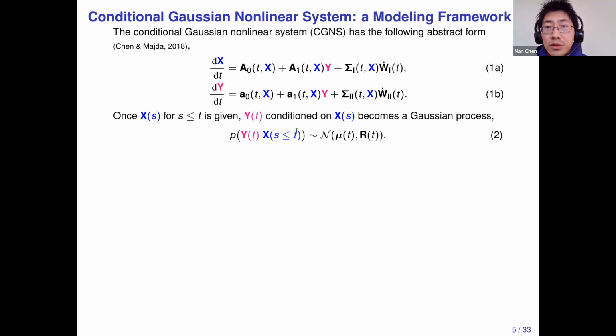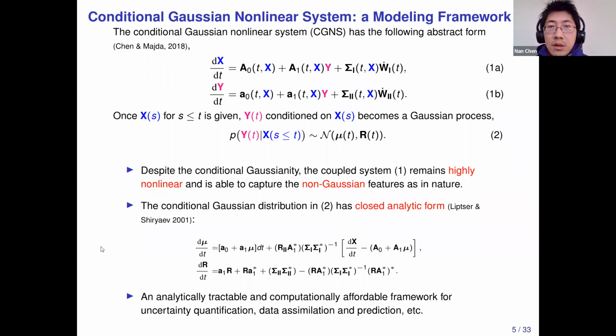And this conditional distribution can be completely determined by its conditional mean and the conditional covariance. So as we said, despite this conditional Gaussianity, the joint distribution or the marginal distributions will be highly non-Gaussian because of all these nonlinearities.